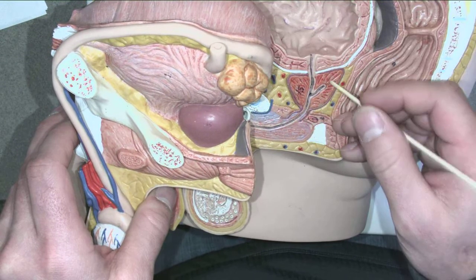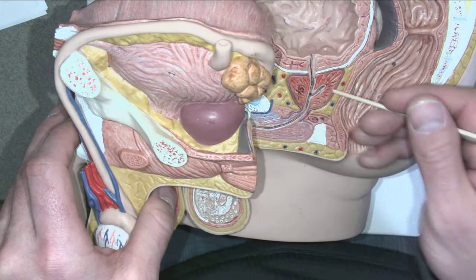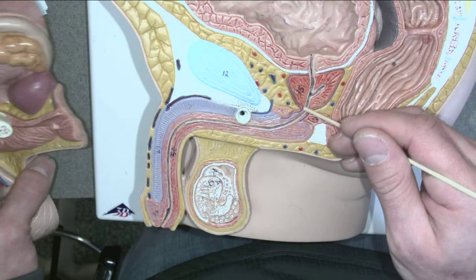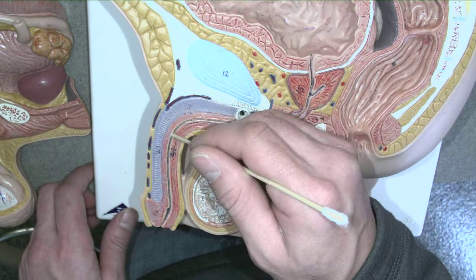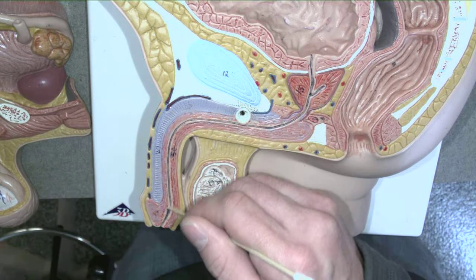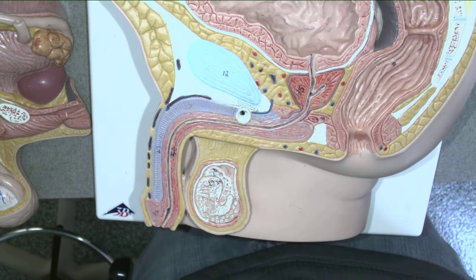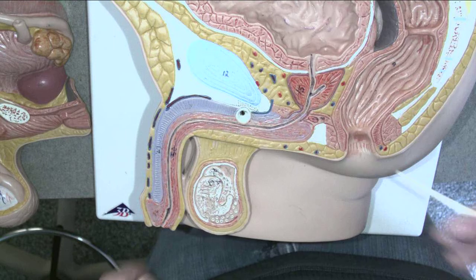So we're almost done. A couple of other structures. The main structure of the external male genitalia is obviously the penis, and the penis has 2 types of tissue in it.